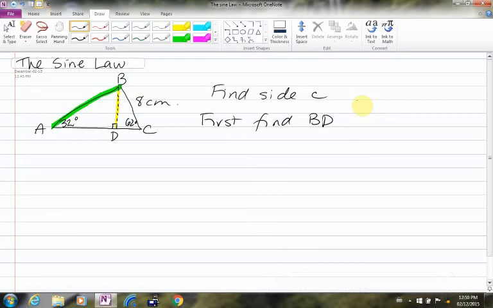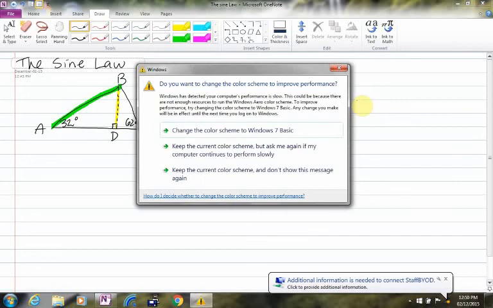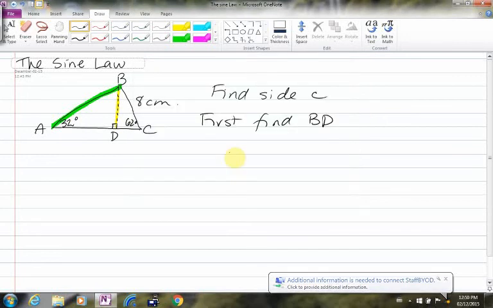We can use SOH CAH TOA. Okay, so narrow it down for me. That's 3 ratios. Which one? Okay, so here's our angle. We want to find this side here, and we have this side over here.